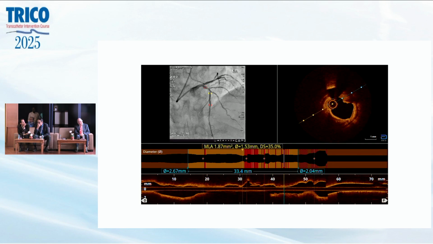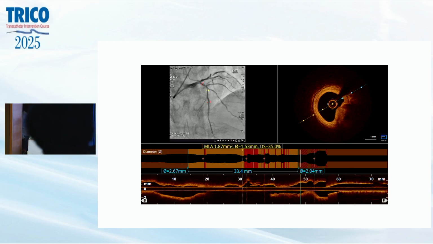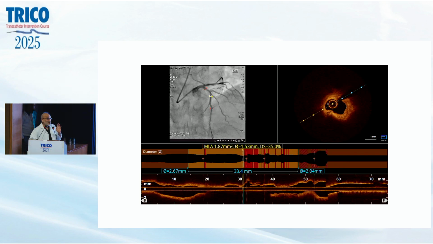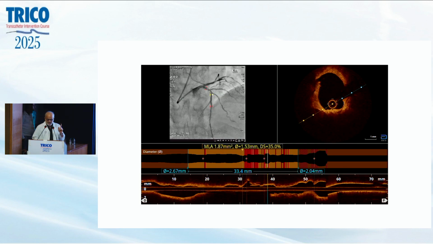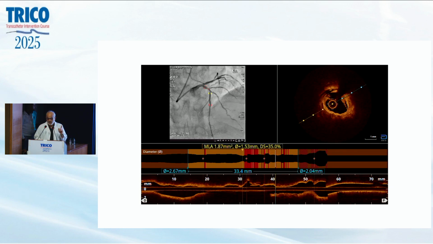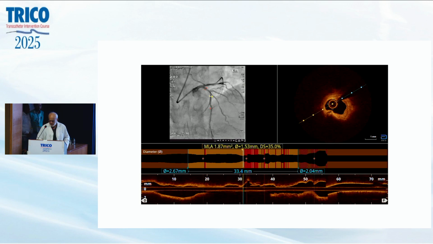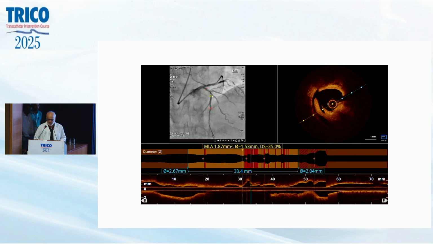If you are doing imaging, I know that in this country, 90% of us are dependent on the imaging interpretation done by the company person. And I think that is a wrong thing. An operator has to be an image interpreter, and only then can you do justice. Here I thought I had done a good rotablation and dilatation, and the stent will be fine.